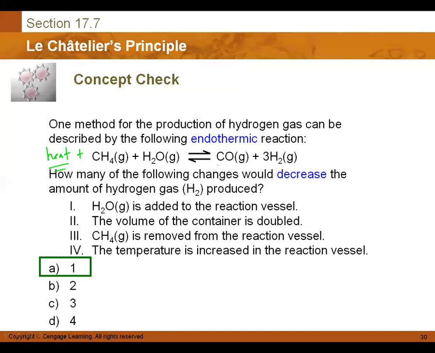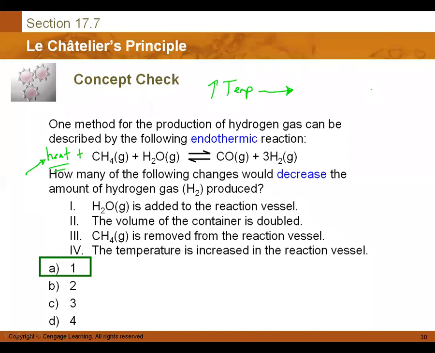And in this case, if we increase the temperature, because it's endothermic, that would be adding heat to the left-hand side. That should cause it to shift away, right? So it should go to the right-hand side in this case.